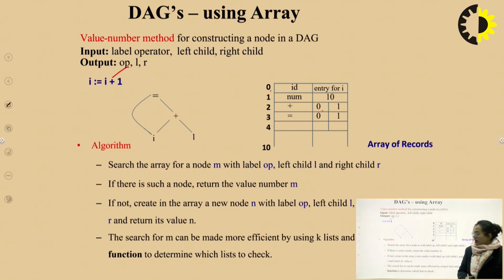Then the algorithm searches the array for a node M with label operator, left child L and right child R. If there is such a node, return the value number M. If not, create in the array a new node N with label operator, left child L and right child R, and return its value number N. The search for M can be made more efficient by using k lists and a hash function to determine which list to check.